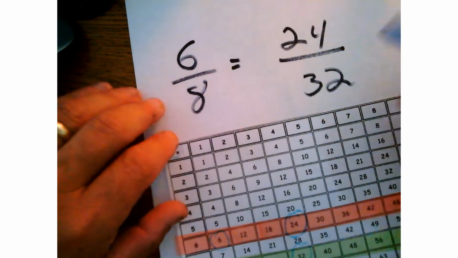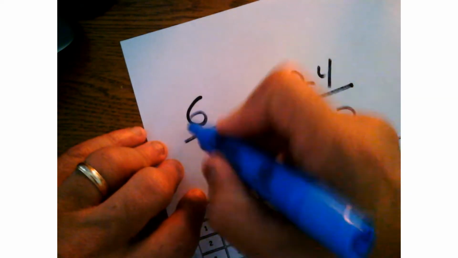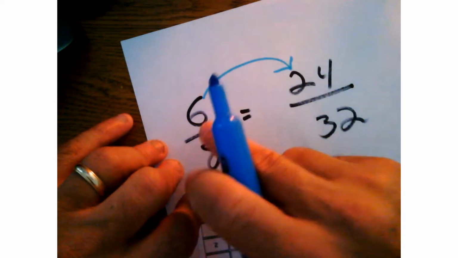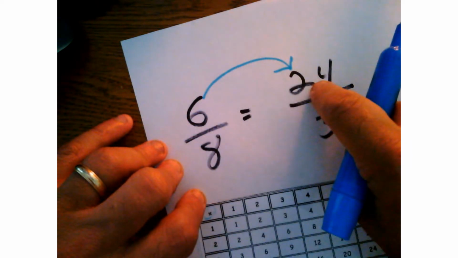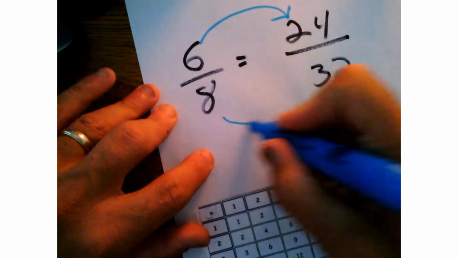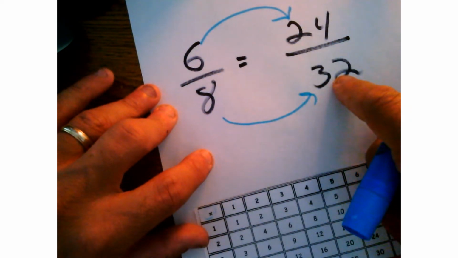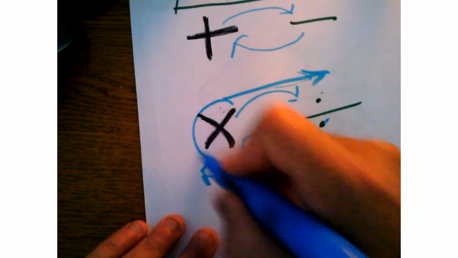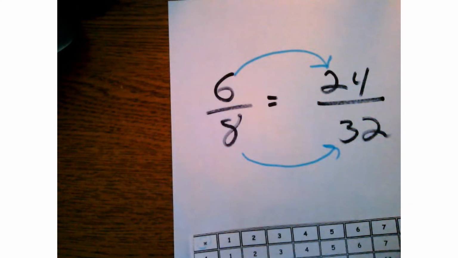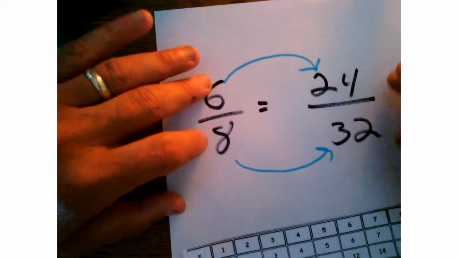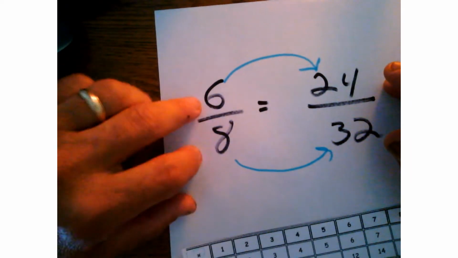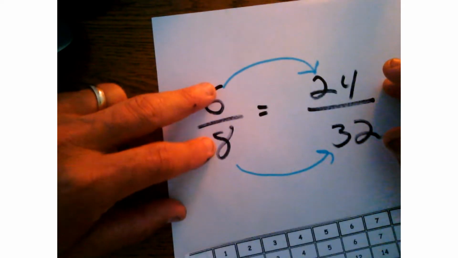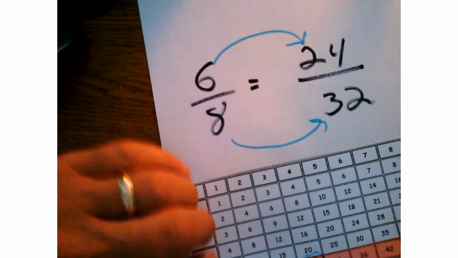So what we're asking for is the multiplier. Now I know my numerators got larger. 24 is larger than 6, and I know my denominators got larger. 32 is larger than 8. So if I'm getting larger with fractions, I know I have to multiply. Whatever I do to the top I have to do to the bottom, or whatever I do to the bottom I have to do to the top, so they're the same, because you've got to keep them equivalent. That's the equivalent in equivalent fractions.